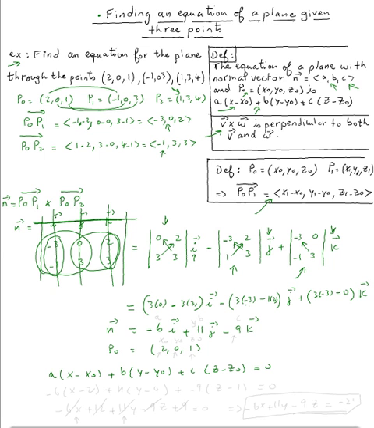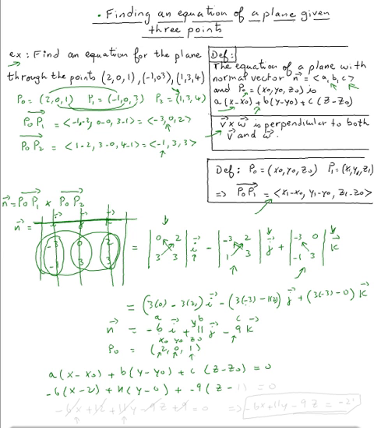So all we need to do is plug in. This is my a, negative 6, that's b, and that's c. This is x0, y0, z0. So x0 is 2, my b is 11, my y0 is 0, my c is negative 9.